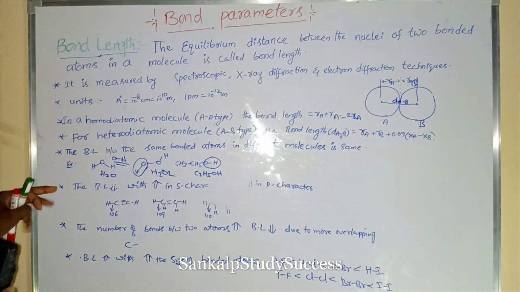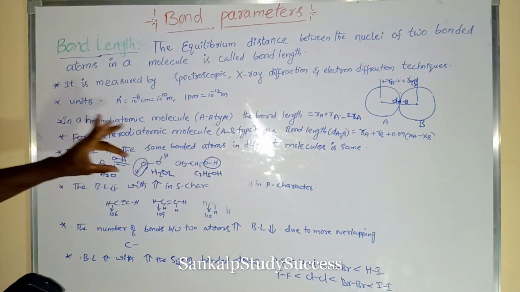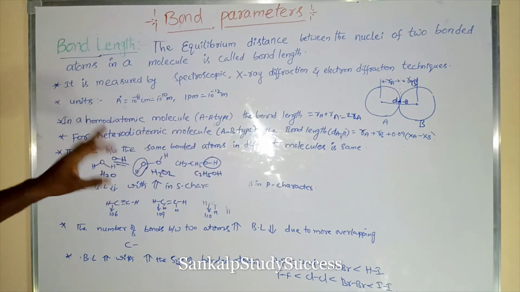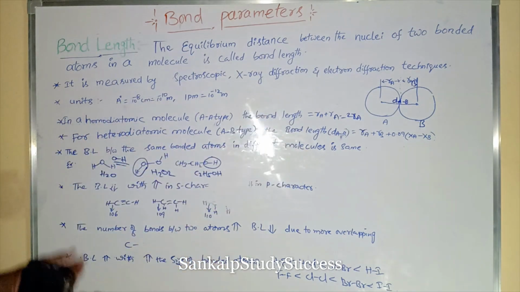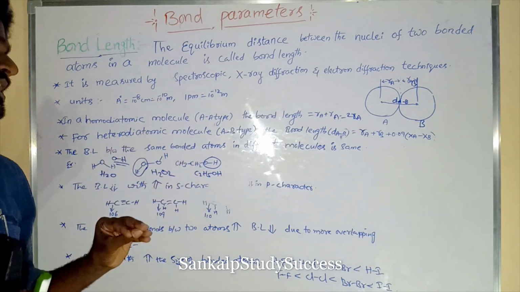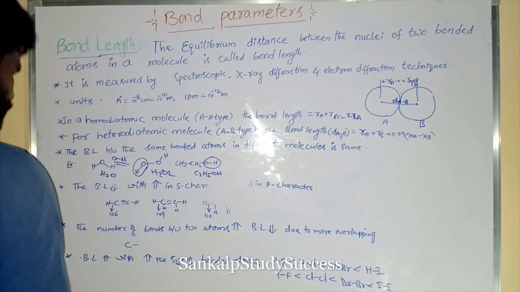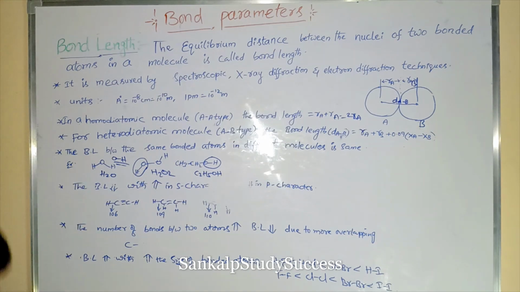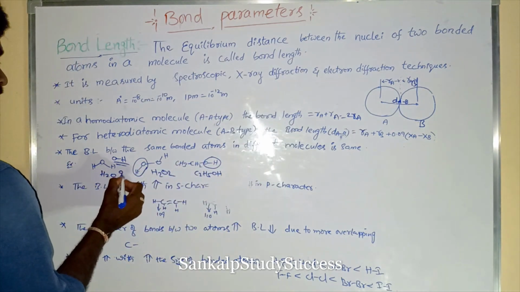So the bond length between the same bonded atoms, OH, in different molecules, all these are different molecules. This is the H2O molecule, this is H2O2, this is the ethyl alcohol molecule. Its bond length is the same. Suppose we say its bond length is 97 picometer.